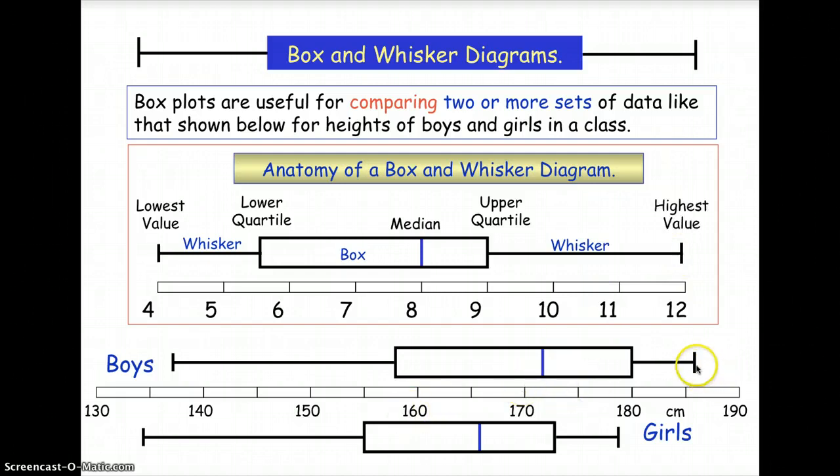So in here, the tallest for the boys is about 187 centimeters, and the shortest is about 137 centimeters, whereas for the girls, the shortest is about 134 centimeters, and the tallest is about 179 centimeters. So this is how you read it.